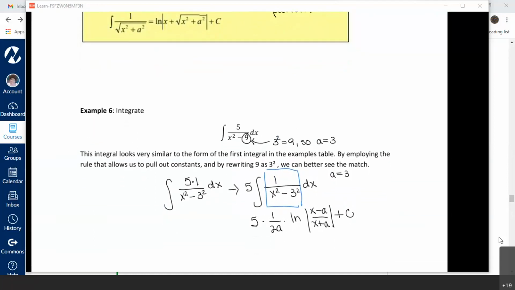And then all I have to do is say, oh, well, A is 3. So everywhere I see an A, I'm going to put in a 3. So this is going to be 2 times 3.